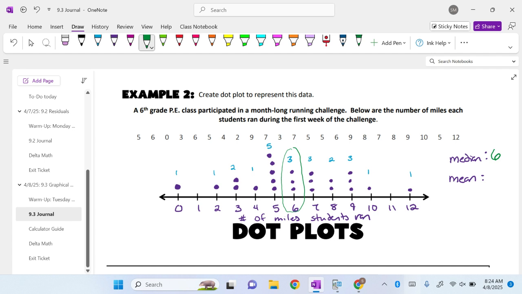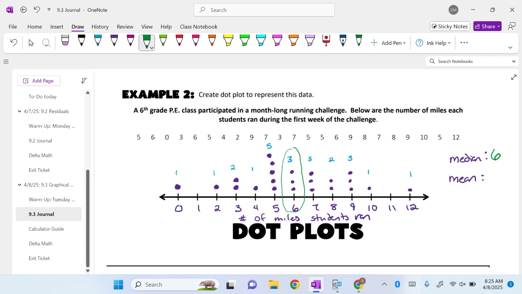May have forgot to add something in. Anyone got something different? Anyone else get something different? That's what I got. All right.